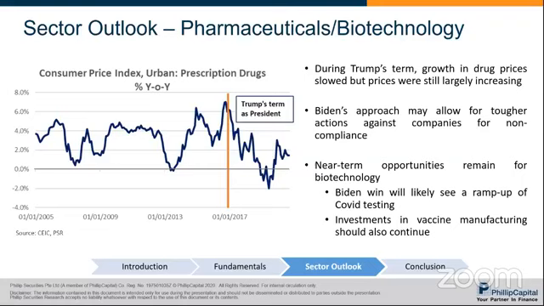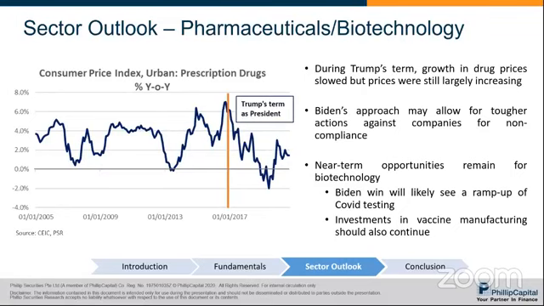We believe that this will have a higher chance of success because ultimately Medicaid is under a federal agency, and they may implement tougher actions against companies for non-compliance as compared to the current system of having insurers negotiate with the drug companies.